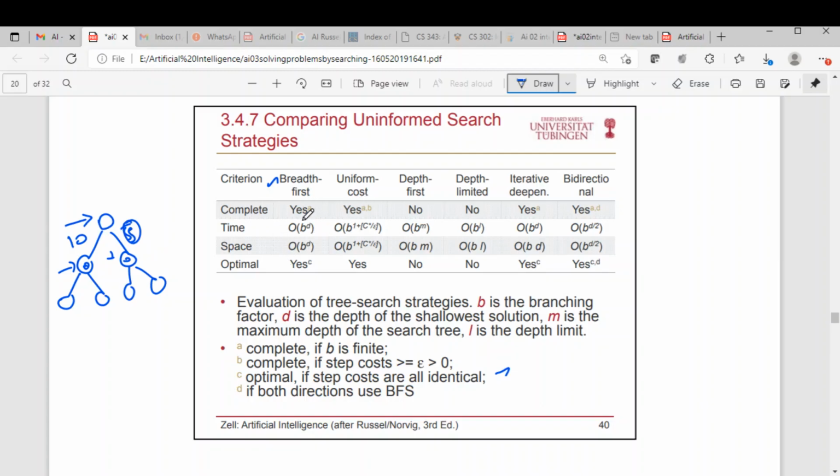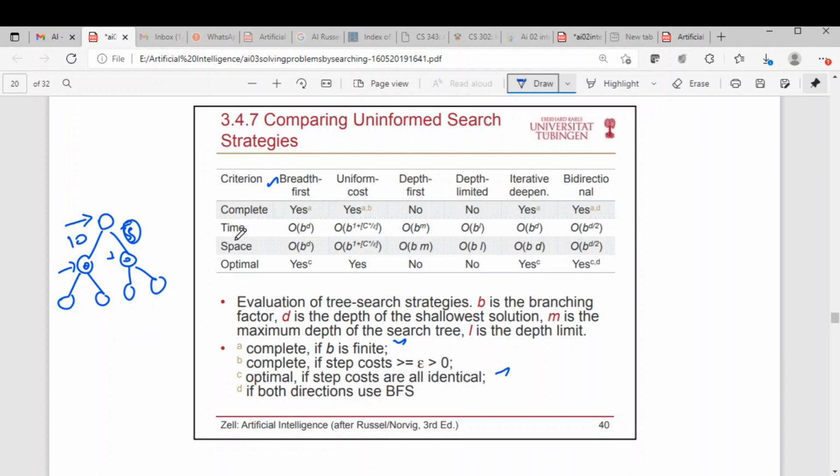Coming to uniform cost search, is it complete? It is complete under these two conditions. b should be finite and there should not be any zero cost path. Already we have discussed this in the algorithm, because if there is any zero cost path in between the tree, it may get into an infinite loop.